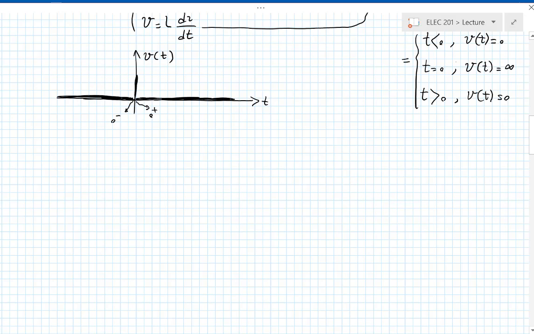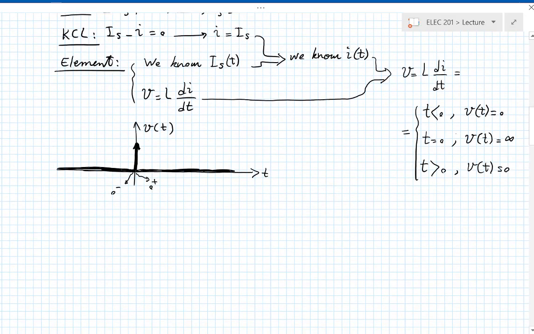And then at that point, it's a delta function. OK? A delta function has a value of infinity at that specific point.